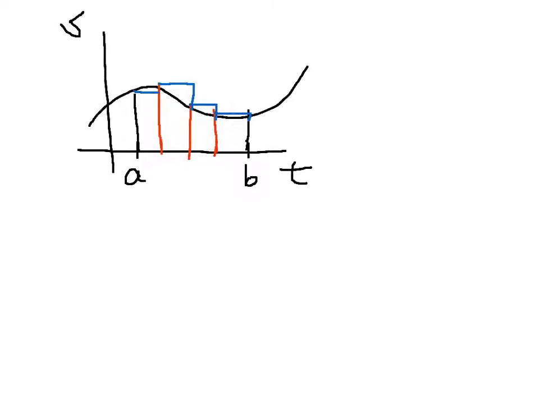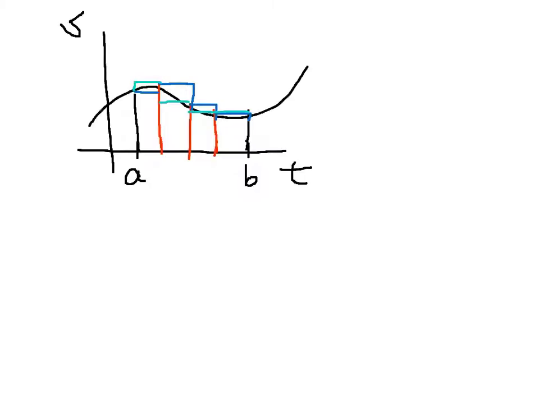Now, if I wanted to, let's try this color. Here's what the rectangles would look like if I picked my right-hand endpoint. Similar, but not exact. And so the question that you should ask here is, what can I do to make this be a better approximation for the distance traveled?